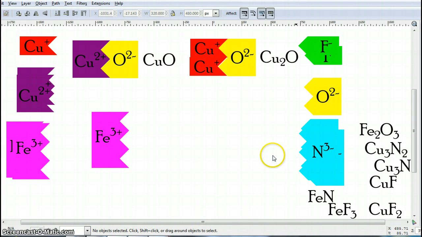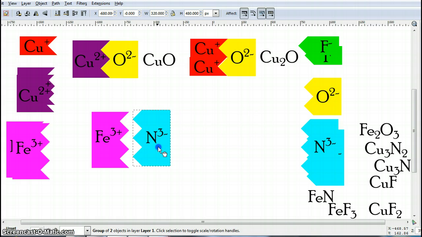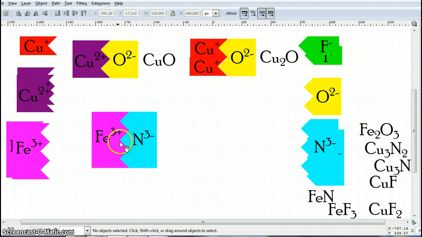So if I wanted to combine iron 3 with nitride, again nitride because of the IDE ending of an anion, they form nicely in a 1-to-1 ratio. I would need one iron 3 for every one nitrogen, and as you would write the formula, we see it's a 1-to-1 ratio. The formula would be FeN. This would be the formula for iron 3 nitride.